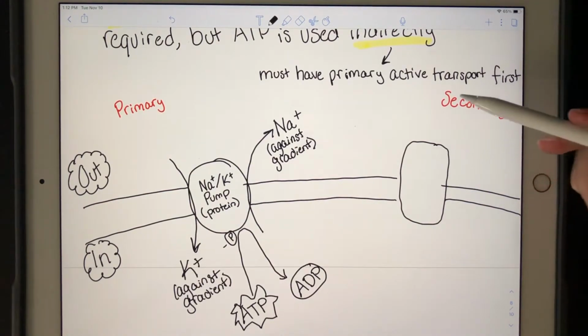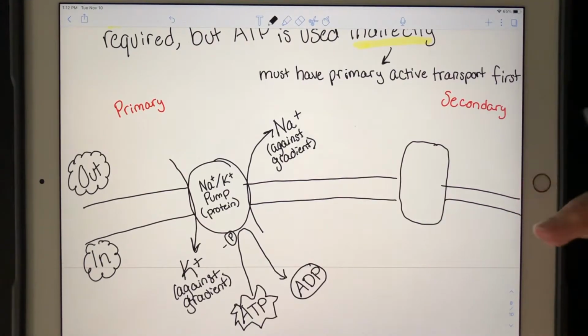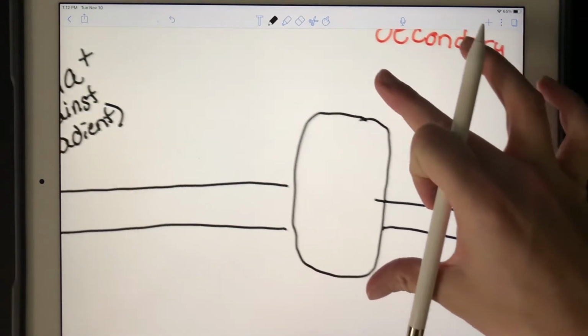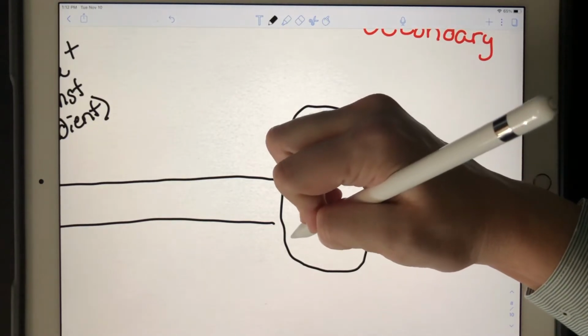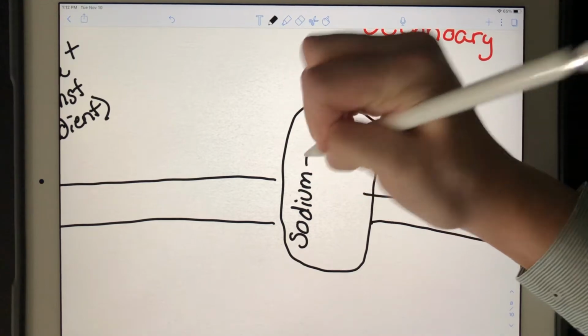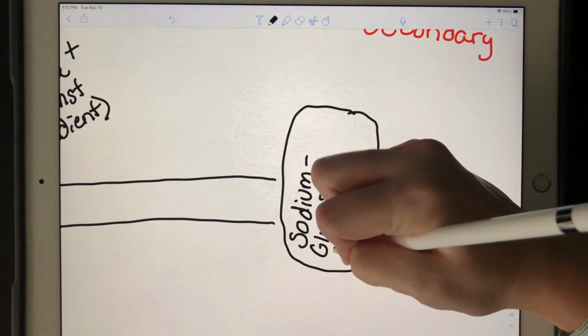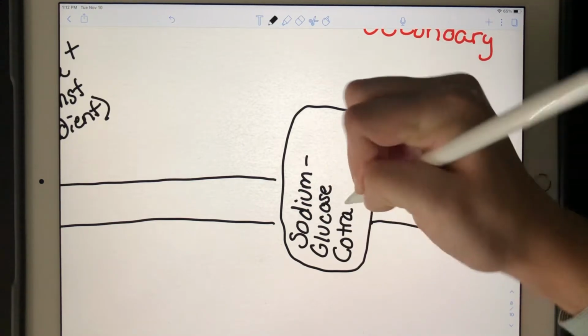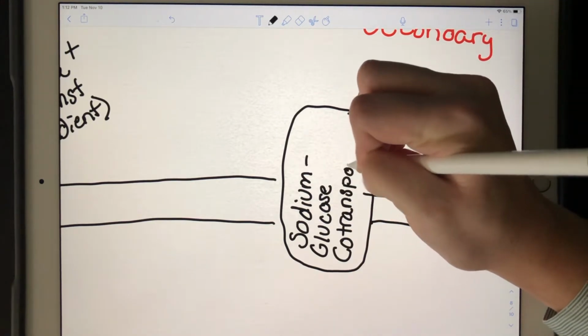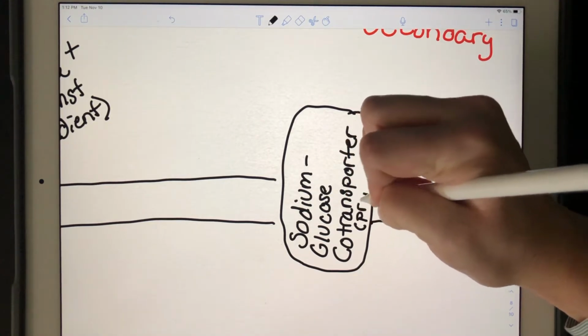Over here, for secondary active transport, I have a more oval shape. This is the sodium-glucose co-transporter. Also, a protein.